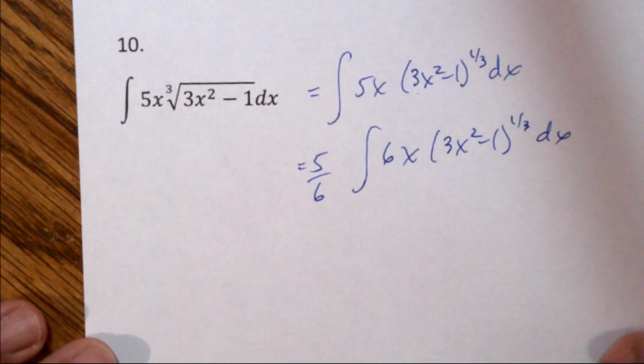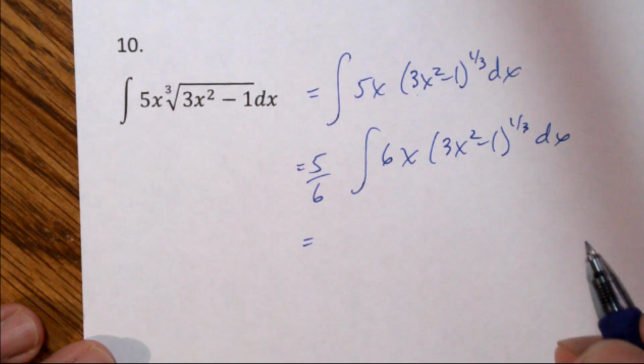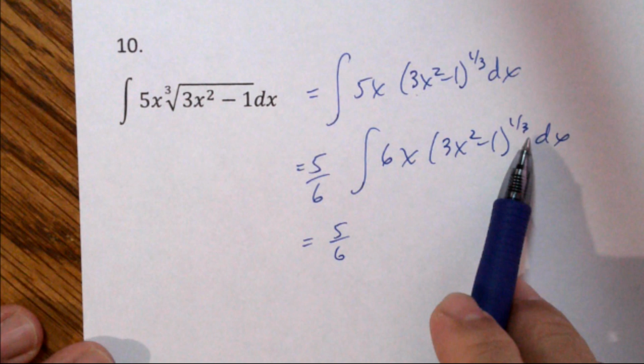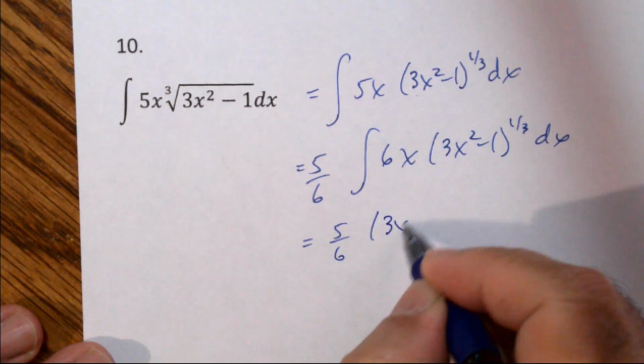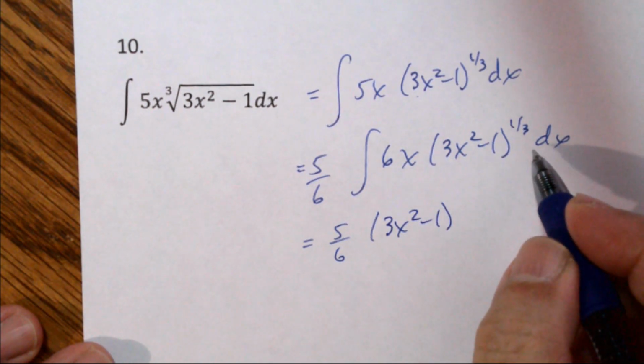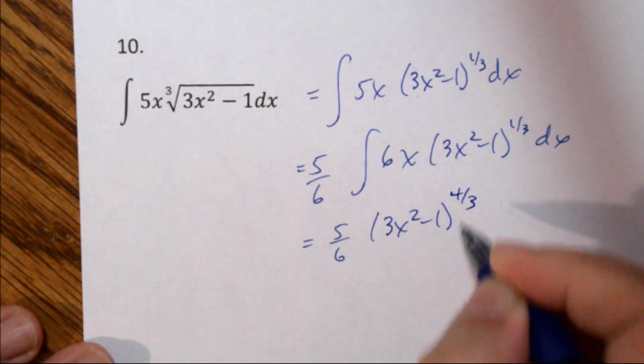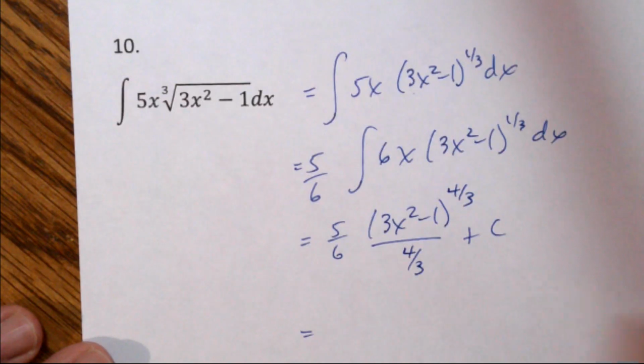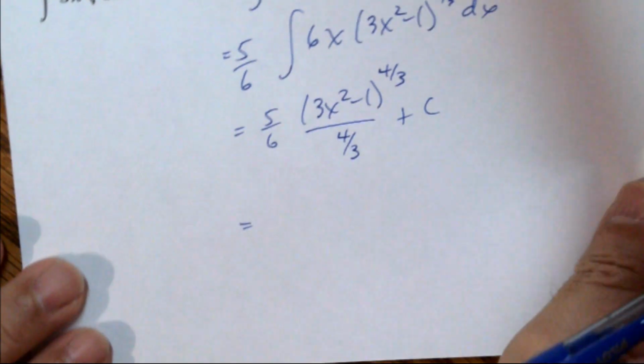Now, what are we going to do? So it's 5 over 6, and I can just do the power rule on this 1/3. So that's going to be 3x squared minus 1, add 1 to the exponent, which should be 4/3, divide by the exponent, plus c. Clean that up a little bit. Not much you can do here.